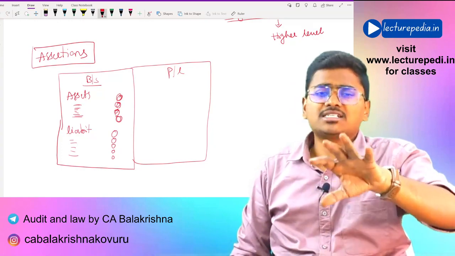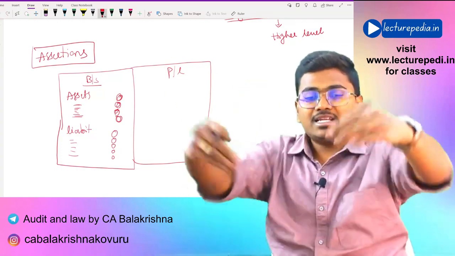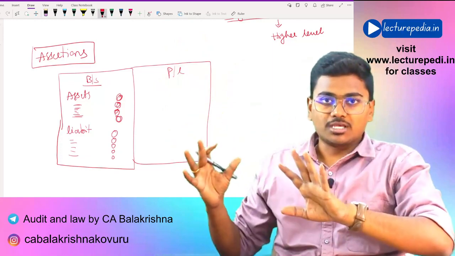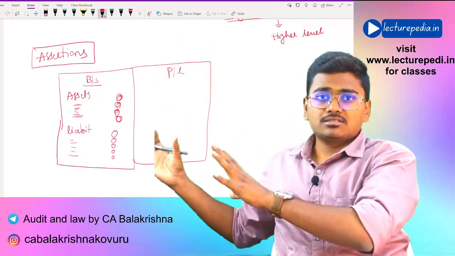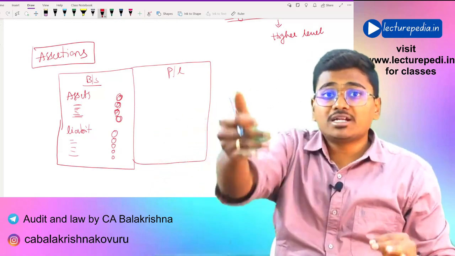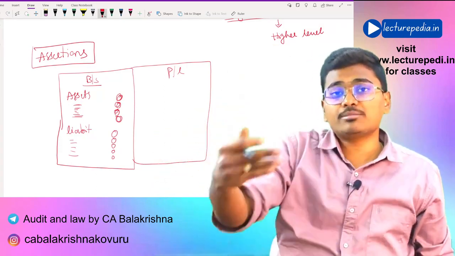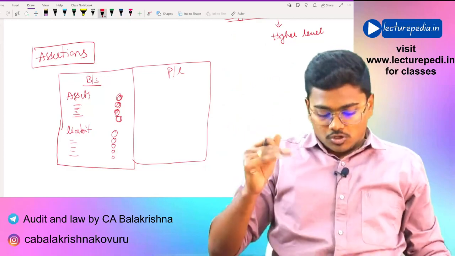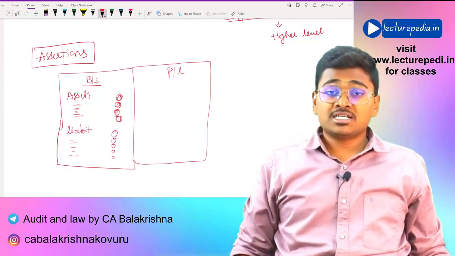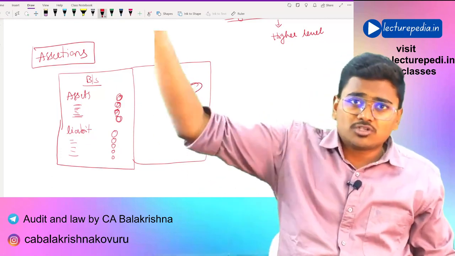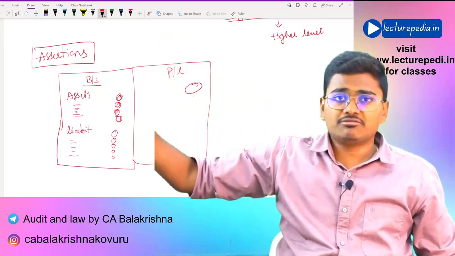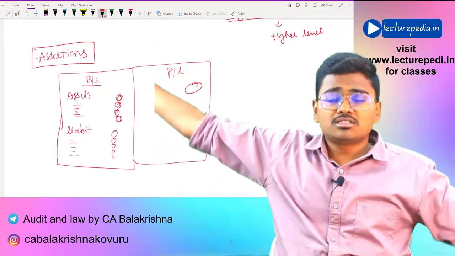Assertions means just stating that this is true. Management is stating that we are having these assets, take this. Now auditor has to verify whether the assertion made by the management is correct or not. Hope that is clear. That is meaning of the term assertion. In the same way, profit and loss. Sales figure, management will write so and so figure. It will make assertion that this is our sales.